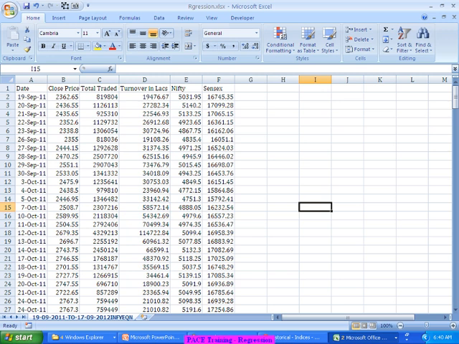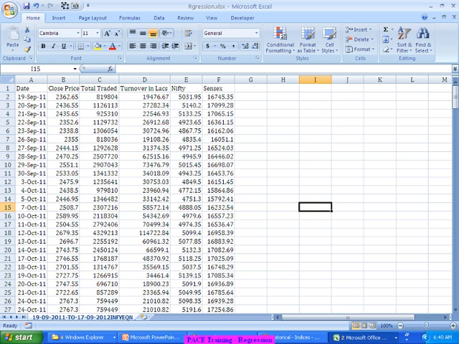I build an equation between a price and, in this case, I would like to say that the closing price depends on the total traded. Total trades depends on how many trades are being done. The closing price depends on that.